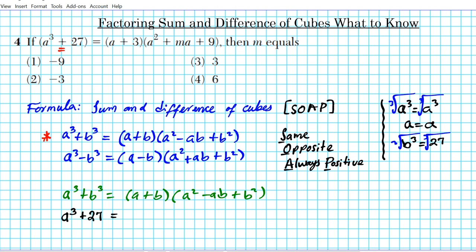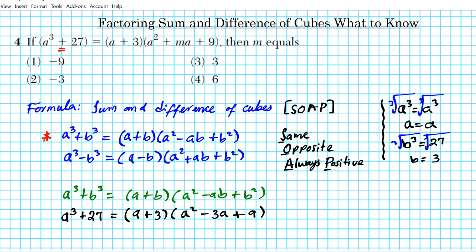We take the cube root of both sides and we find that b is equal to 3. So if we substitute it here, we're going to have a plus 3 times a squared minus ab. So ab is 3a, plus b squared, which is 9.